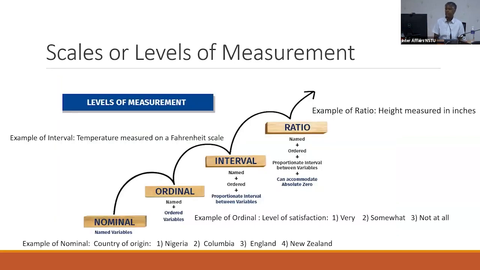So here are some examples of each of these levels of measurement. So ordinal scale is naming and counting of something. So for example, one's country of origin. 1 is Nigeria, 2 is Colombia, 3 is England, and 4 is New Zealand. Those numbers in and of themselves are meaningless.